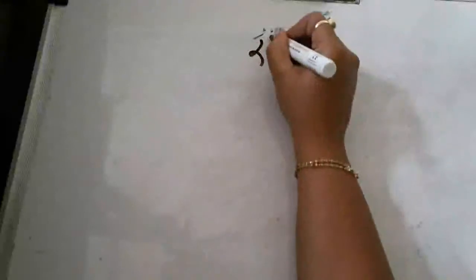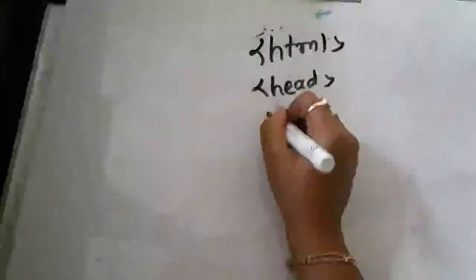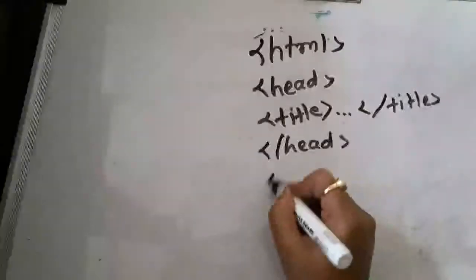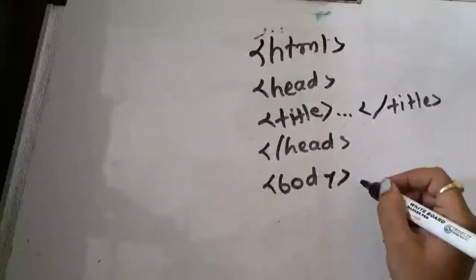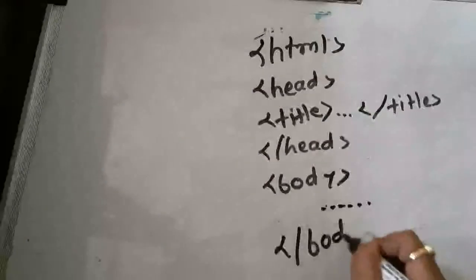First of all, the structure of HTML: html, head, title, /title, /head, then start the body, and /body. The body defines the content in the browser.